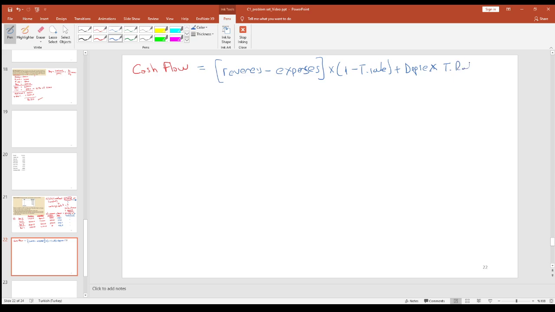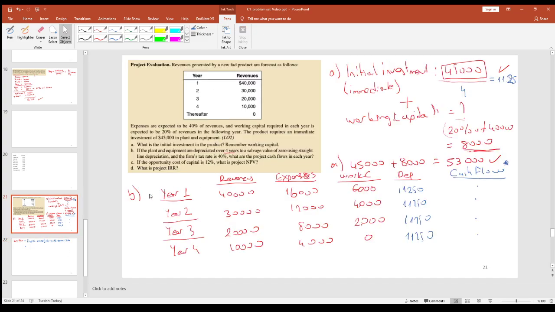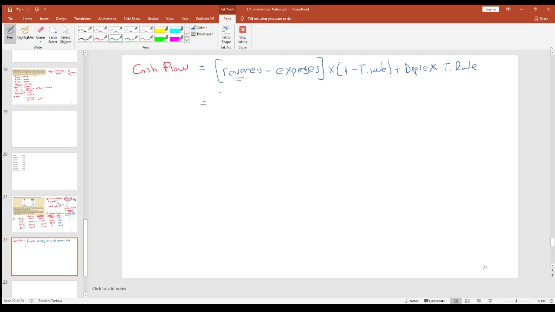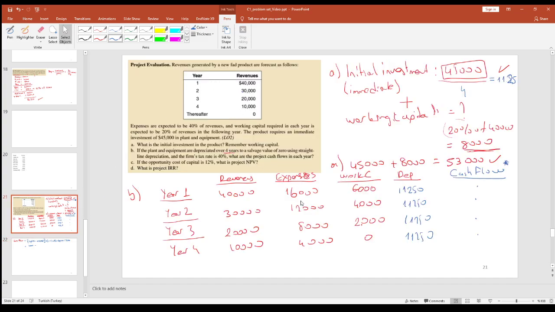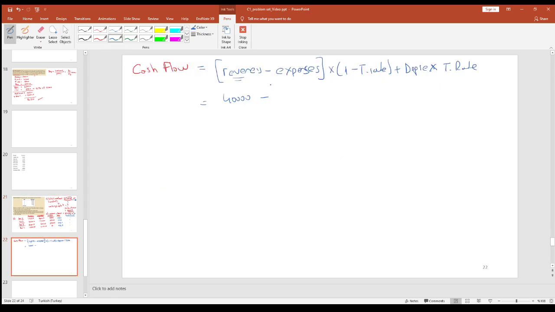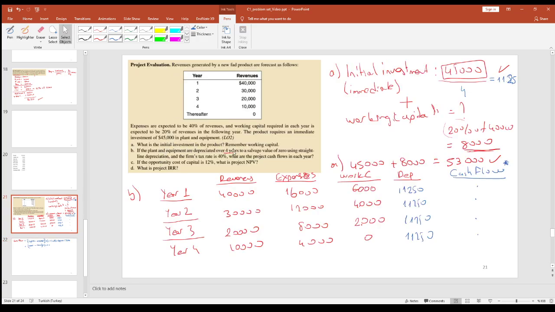So let's plug the figures here together. Revenue 40,000, expenses 16,000, times 1 minus 40%, sorry, 40% tax rate, right?